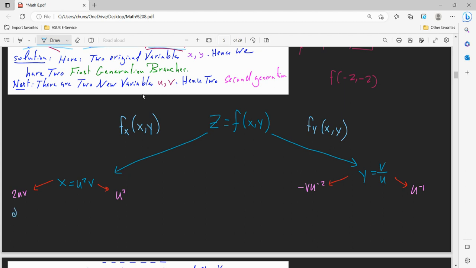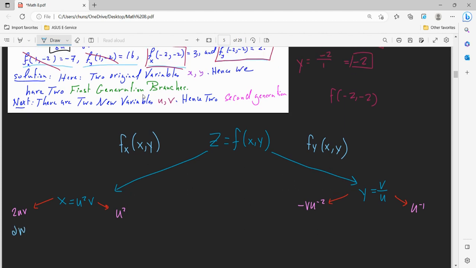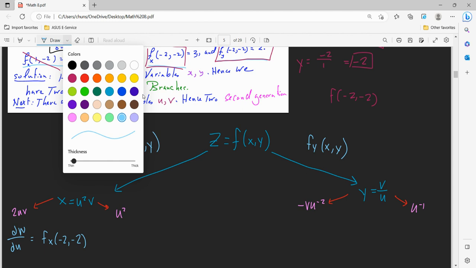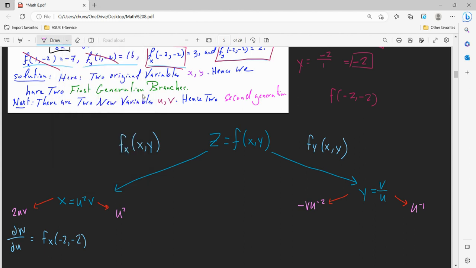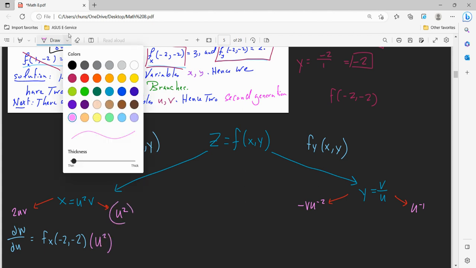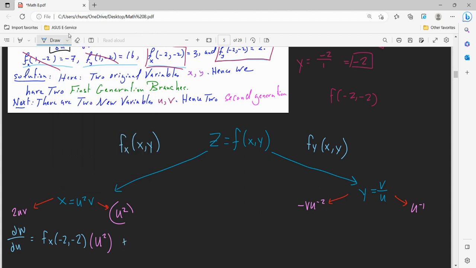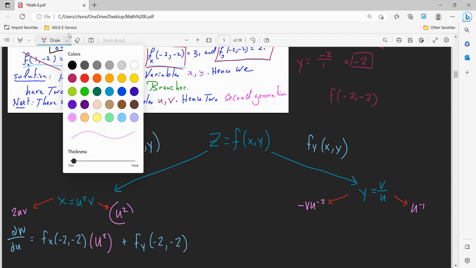So if I were just to write this out in terms of what we have, this would be, and then we said this was a function of negative 2 and negative 2, and that's just our x partial derivative, and that's going to be multiplied by our u partial derivative, which is u squared, so from this branch, and then this is plus our partial derivative of y from our original, where x and y are equal to negative 2, and then we're going along our u branch.